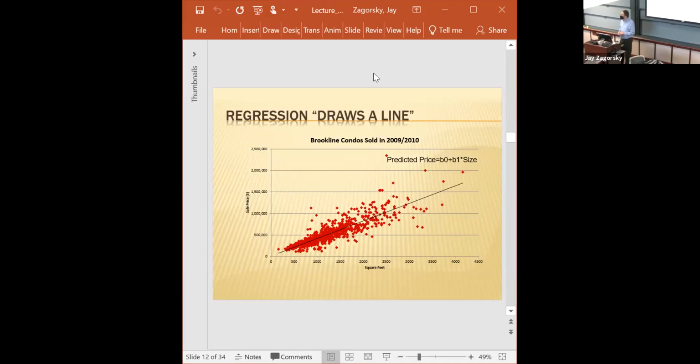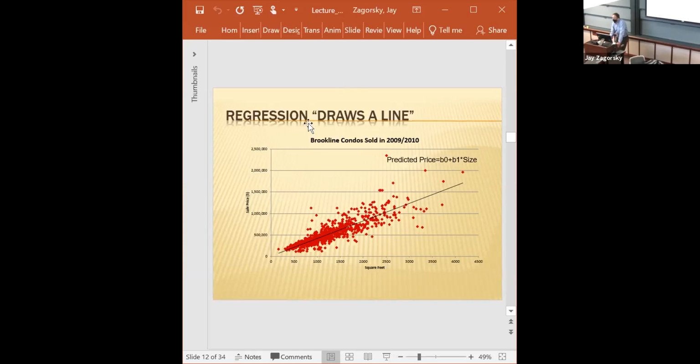Because I believe in real estate, it's not just about size. There are a lot of other factors that make a house expensive versus cheap. I've been to some giant houses that I wouldn't pay very much money for. I've also been to some giant houses where I thought, whoa, there's no way I could ever afford this in my lifetime. So it's not just size, but let's try size in the beginning.